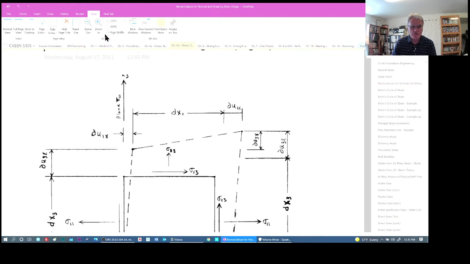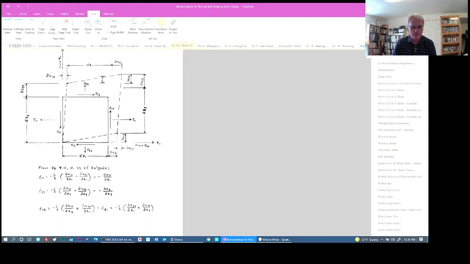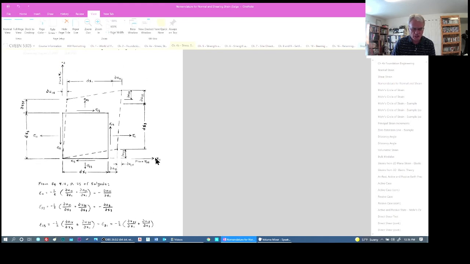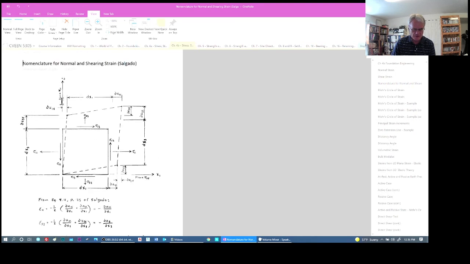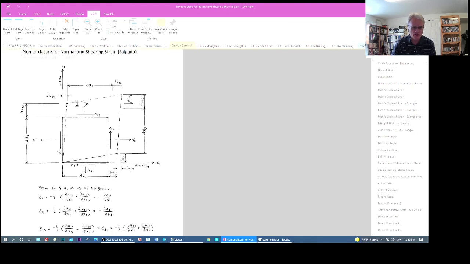This is a diagram developed by Dr. Lawton. I'll zoom out a little bit here, and we can see that we have an original square here that has been both elongated and undergone shear strain. So if we look at all these dimensions, first we should talk about the x1 direction being horizontal, the x3 direction being vertical.